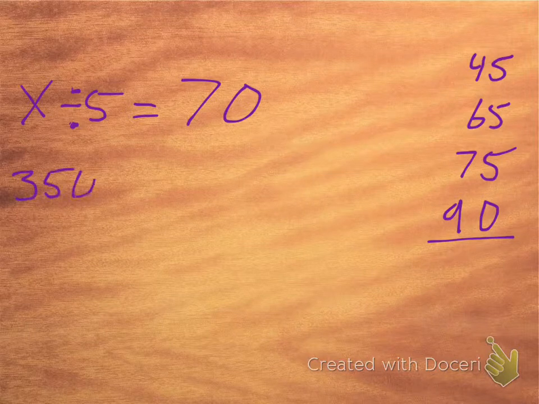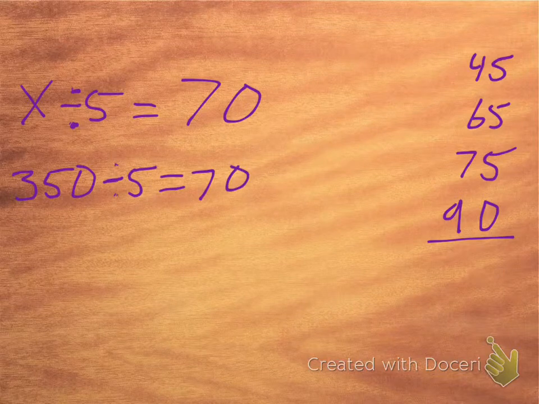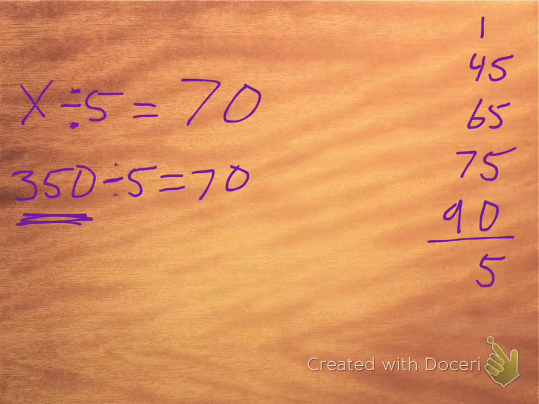So 350 divided by 5 would give us 70, right? So all 5 grades need to add up to 350. If I add up the 4 that I have, 5, 11, 18, you get 275, I'm pretty sure it's 275.